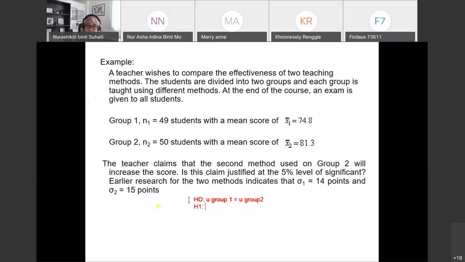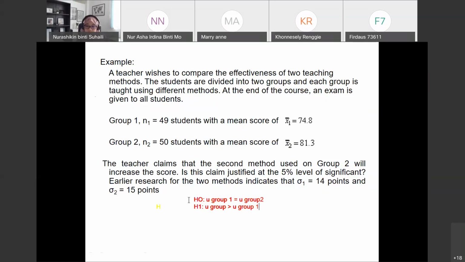But in this case, since it is stated that the teacher wants to justify the claim that group 2 will increase the score, you have to go back to the question. You have to go specific to the question, what is needed. So you have to state that group 2 is greater than group 1, okay? So no longer not equal, because in this case the information is given.